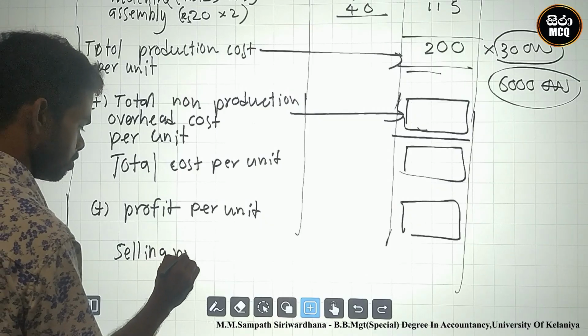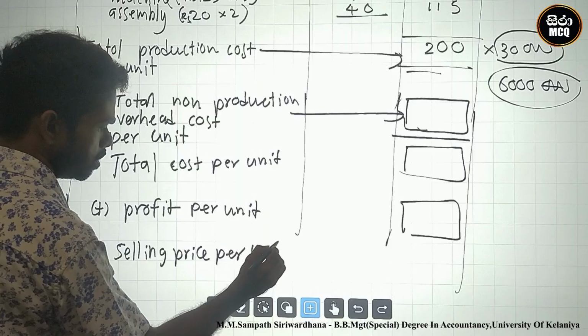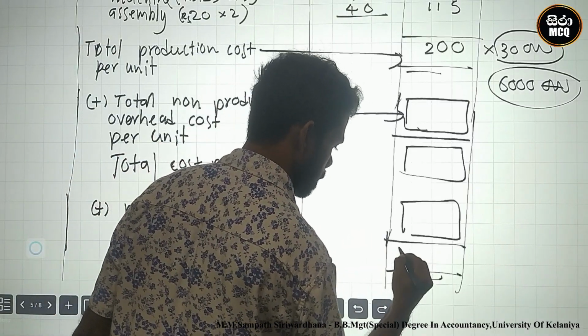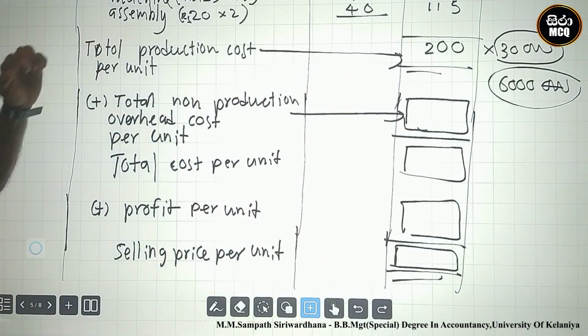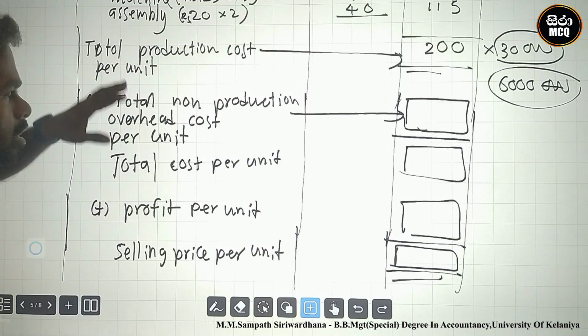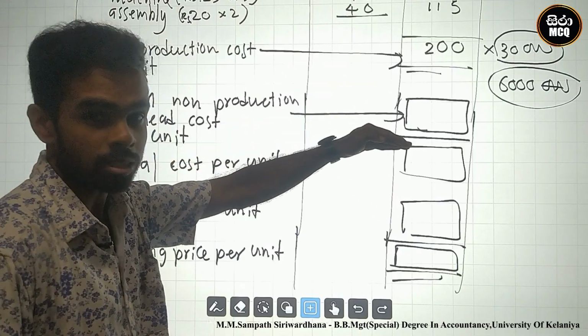After that I can calculate selling price per unit. This is the structure. Selling price per unit. Okay, this is the formula. This is the total production cost per unit. I add total non-production overhead. We can calculate total cost per unit. This is total cost.